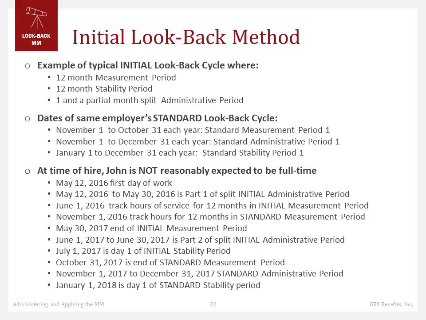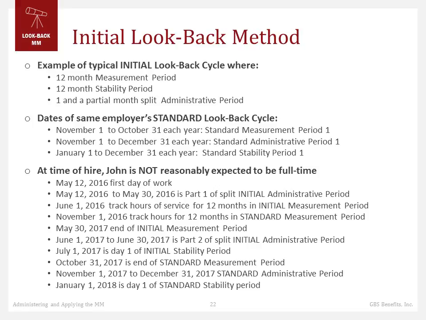Then November 1, 2016 is the start of the standard measurement period. So that's when you're also going to start measuring this employee's hours of service in the standard. So now you've got 2 cycles you're keeping track of.